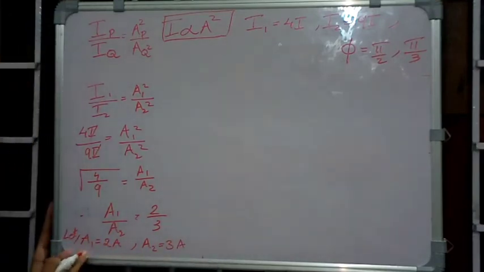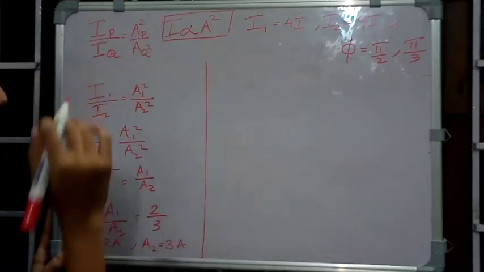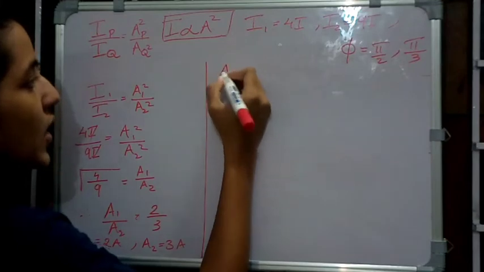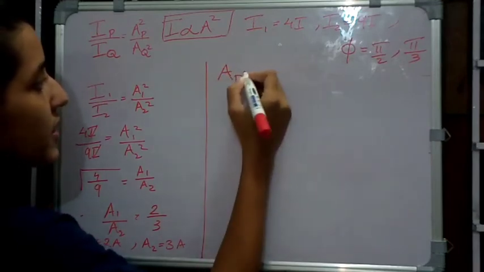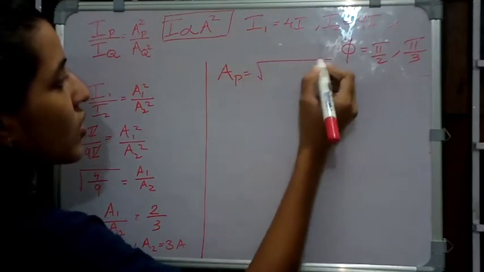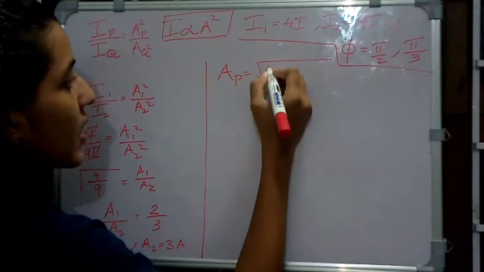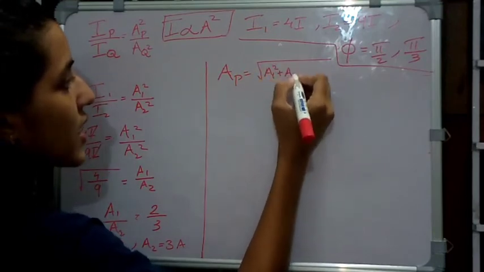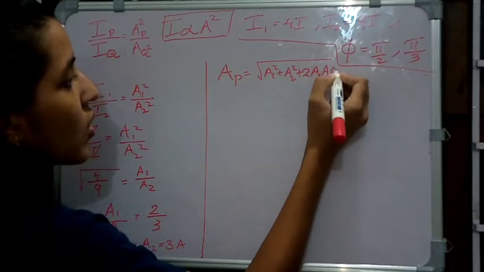Now, as we have got the values of A1 and A2, we can find the value of AP and AQ. That is, we know the equation to find the amplitude at a point, which is equal to root of A1 square plus A2 square plus 2A1 A2 cos phi.